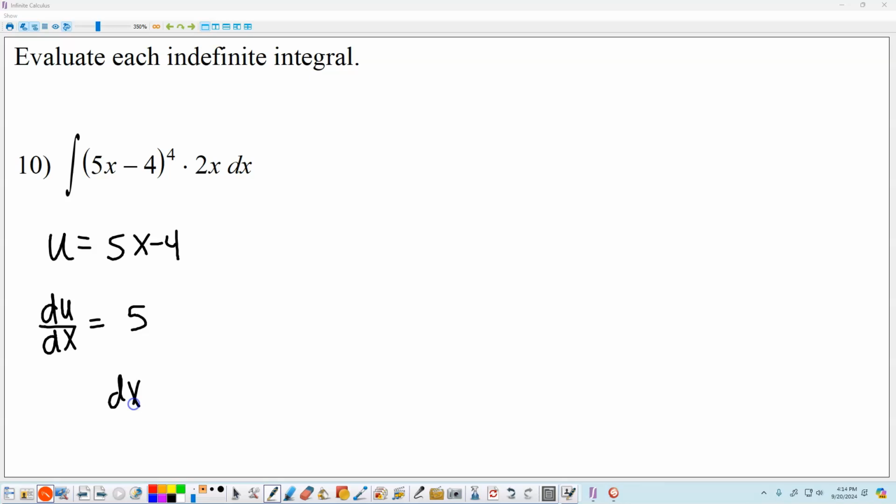And whenever I get the dx by itself, we get du over 5. Doing our u substitution, we're going to replace the parentheses with u, and we'll keep the fourth power on the outside there. 2x stays, and we're going to replace dx with du over 5.